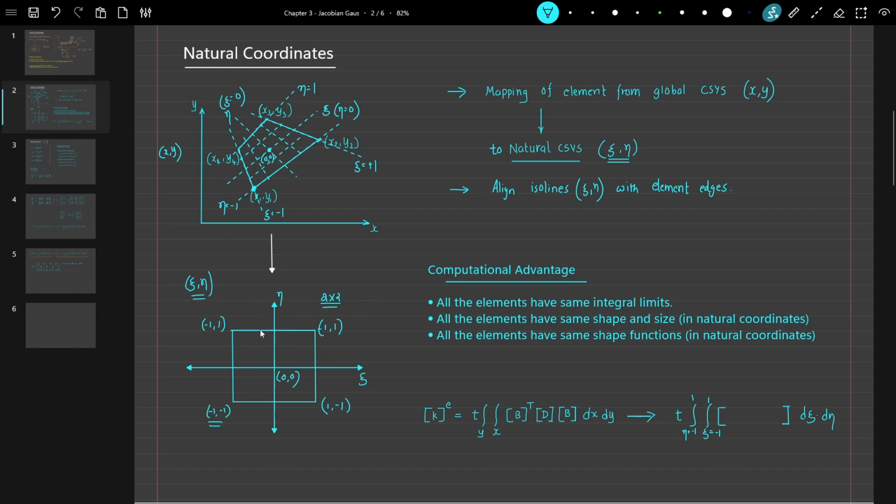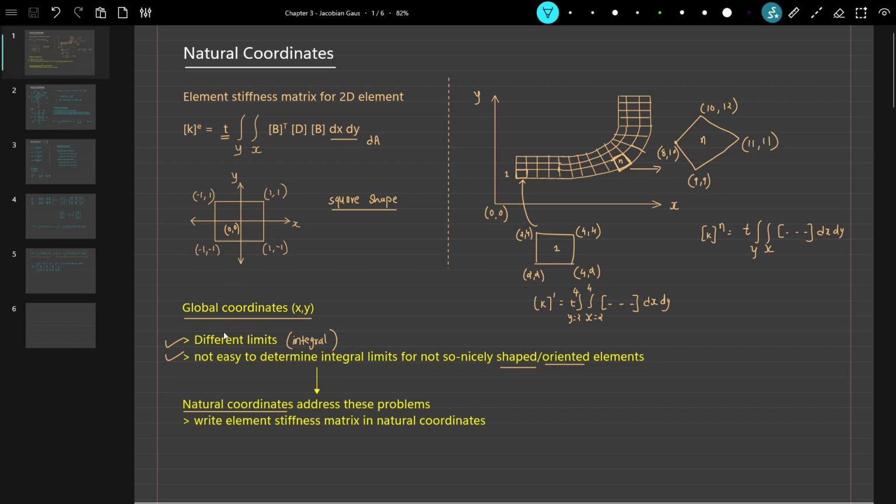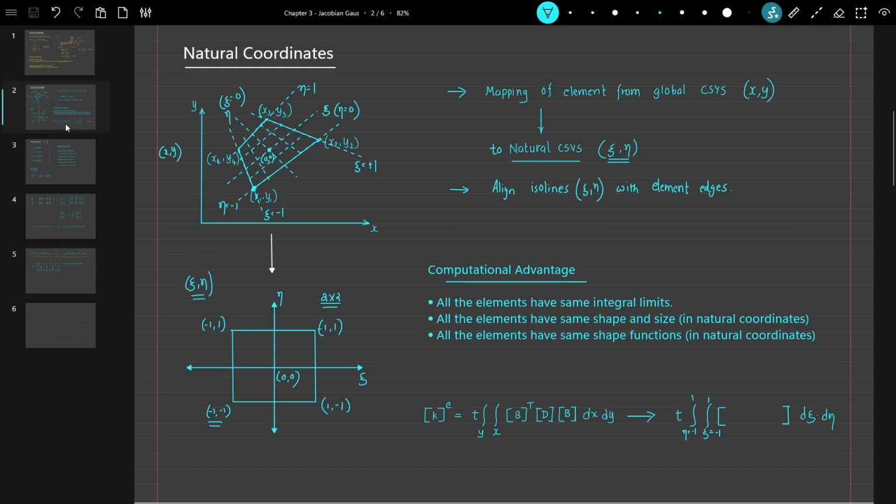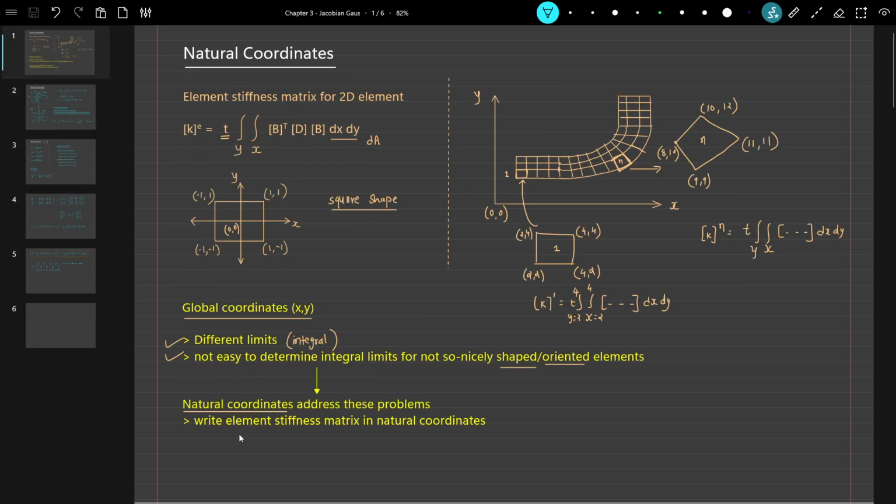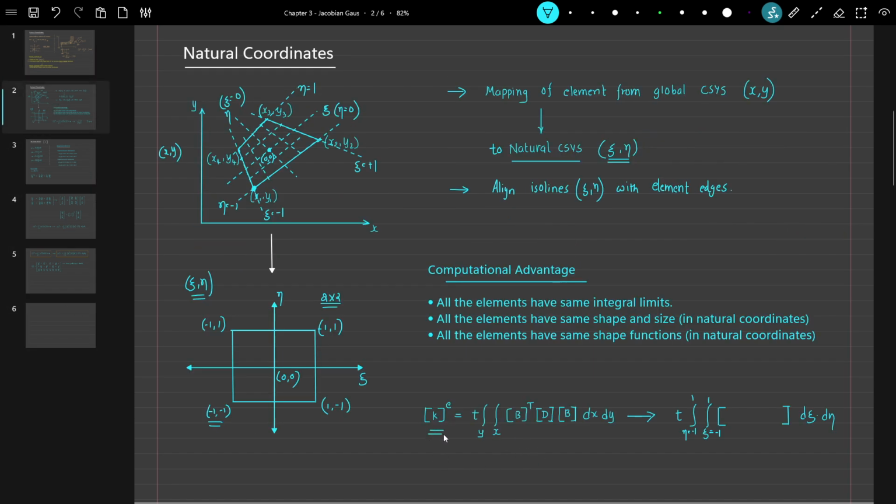So by doing so, now we need to write the element stiffness matrix in zeta eta. So this is the element stiffness matrix which is in xy. We can write it into zeta eta space. Now the limits for this element are zeta equal to -1 to 1 and eta equal to -1 to 1.